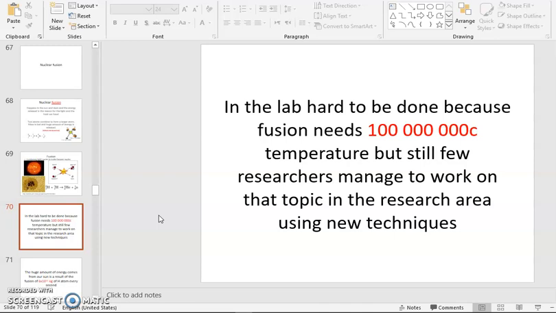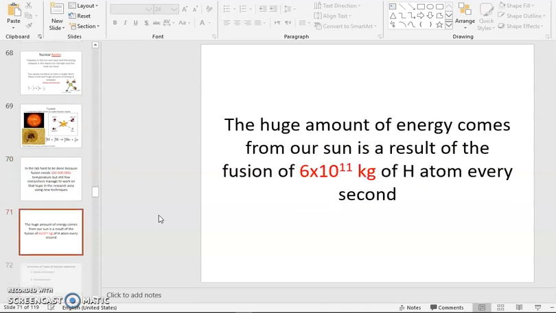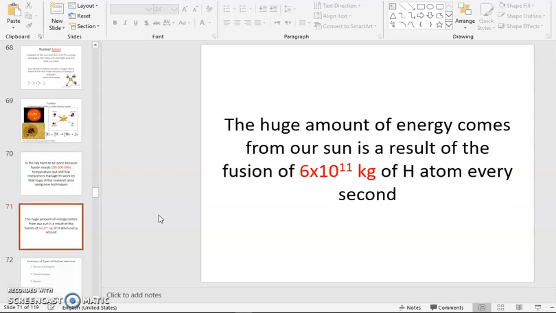We cannot do this in the lab because it needs to fuse two elements. It needs around this big number, million degree centigrade temperature, and we cannot reach this with the new techniques in the lab, but hopefully we can do that. Not sure why, but it's science, so why not?